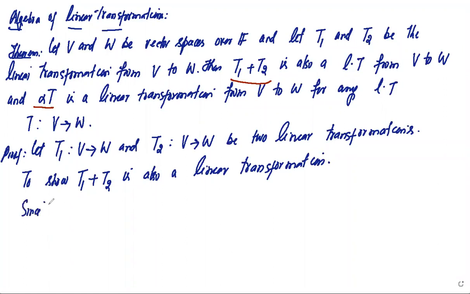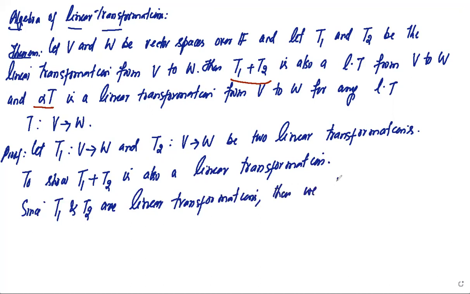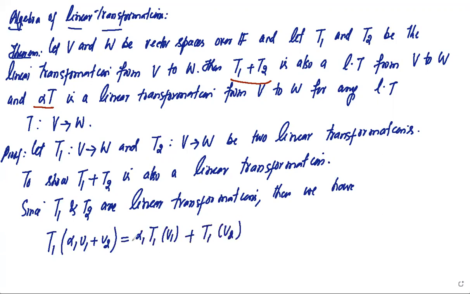Now since T1 and T2 are linear transformations, we have T1 of alpha 1 V1 plus V2 is equal to alpha 1 T1 of V1 plus T1 of V2. And similarly for T2.